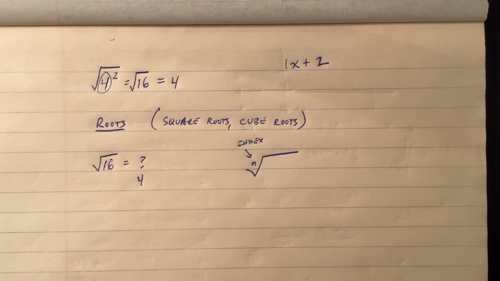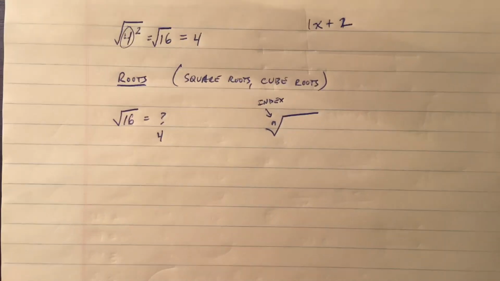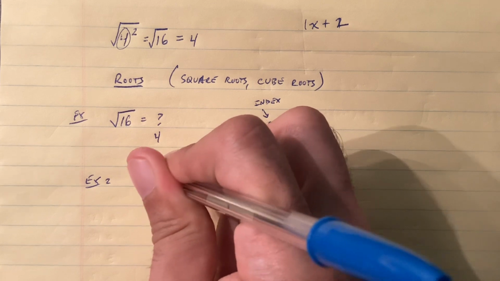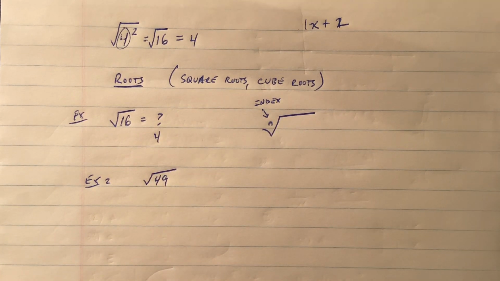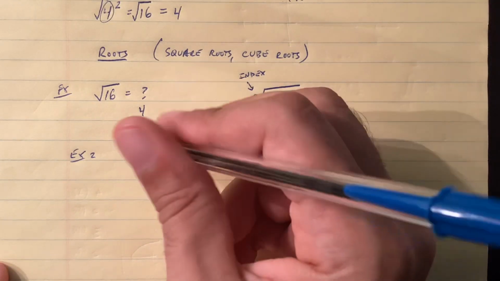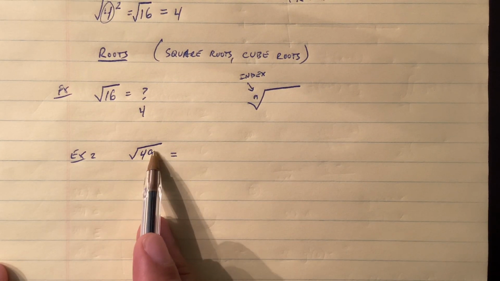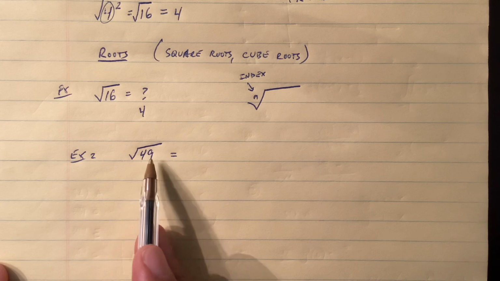Let's get some more practice here. Let's say we want to take the square root of 49. Well, we're looking for a number to multiply with itself that gets us 49.